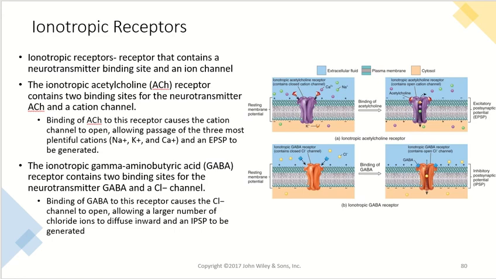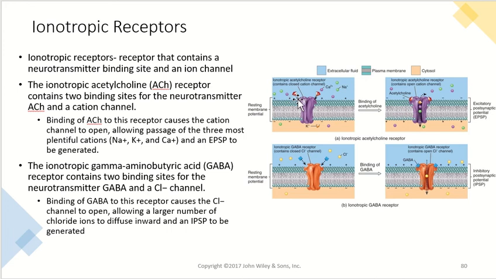So looking a little bit more closely at our ionotropic receptors, these, like we mentioned, are receptors that contain a neurotransmitter binding site and an ion channel. We've got two different examples of these. The first one is an ionotropic acetylcholine receptor, which you can see up here at the top. This is going to contain two binding sites for our neurotransmitters as well as a cation channel.